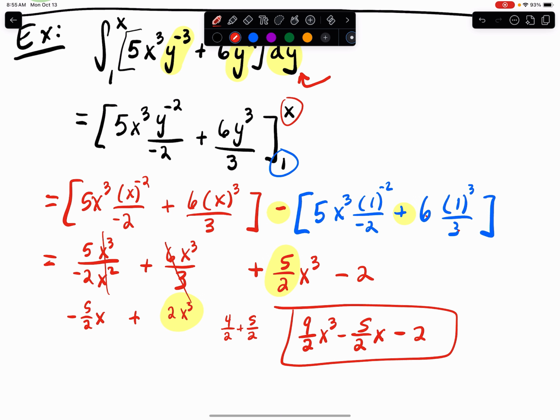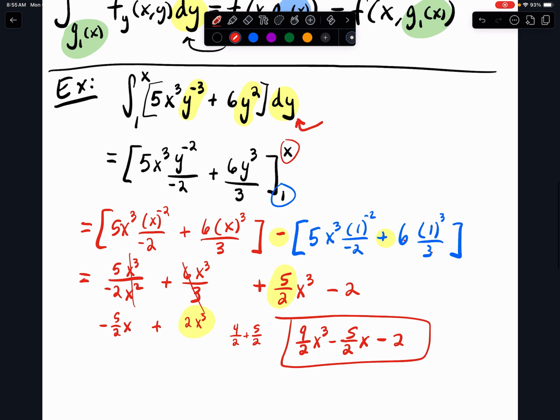All right. So when we integrated this expression with respect to y, we ended up with a function, okay? 9 over 2 x cubed minus 5 over 2x minus 2, all right? So the limits of integration are a function of x.